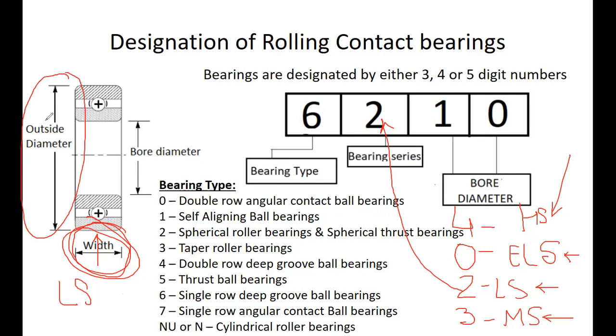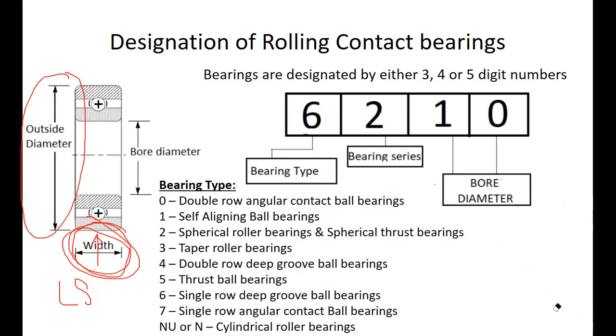Since we are talking about light series, right? While if you talk about heavy series bearings, then exactly opposite to that, their dimensions will be different and they will be able to take highest load, right? So we have talked about the third digit from your right.